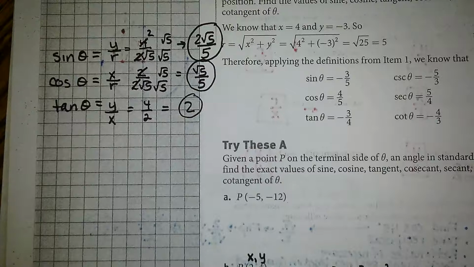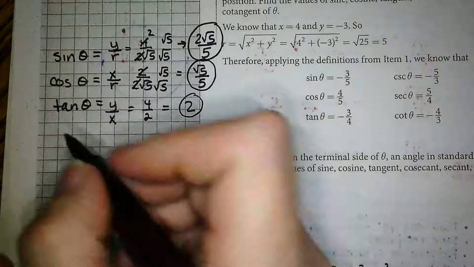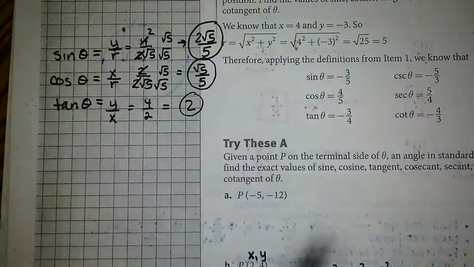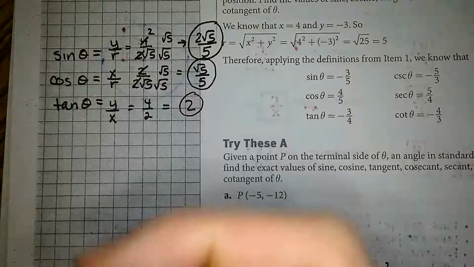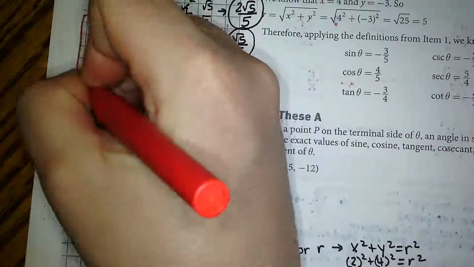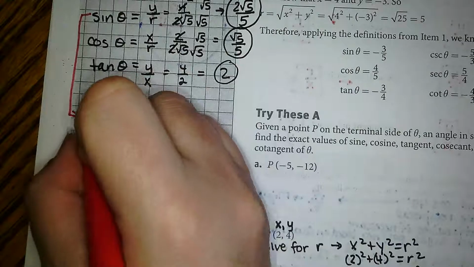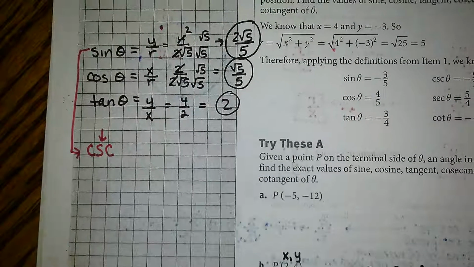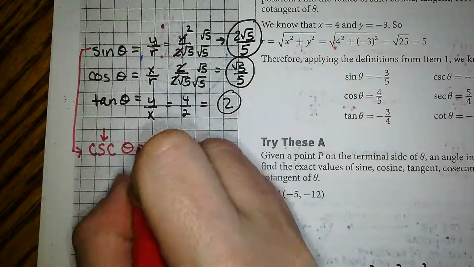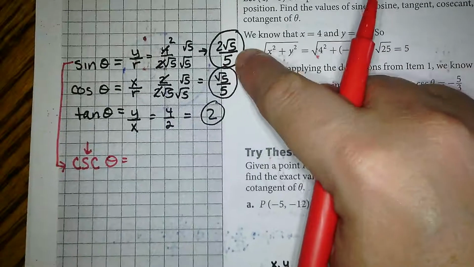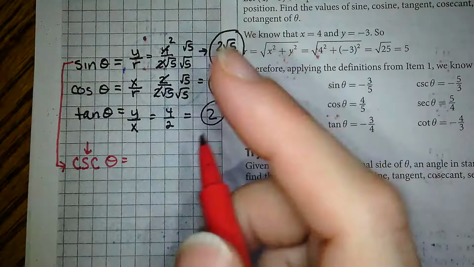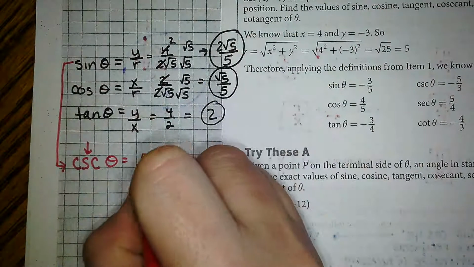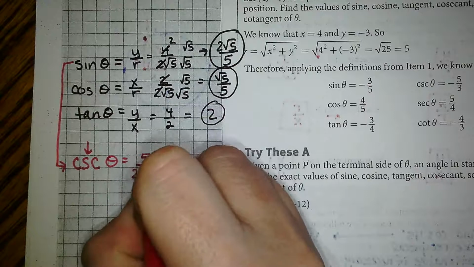I'm going to give you a cute little shortcut now. So the reciprocal of sine is cosecant. Remember, cosecant has the s in the middle, sine sandwich has an s in the middle. And all I have to do is flip this guy over. So if I flip this over, I get 5 over 2 radical 5.